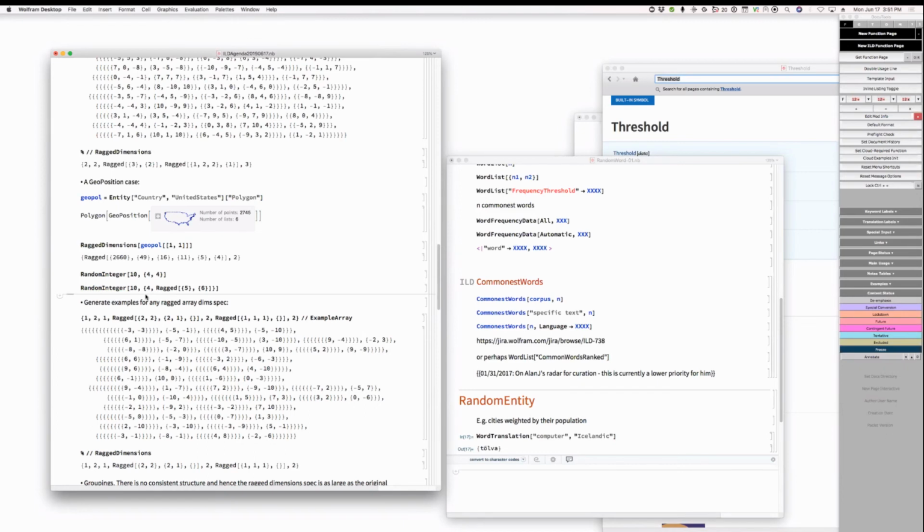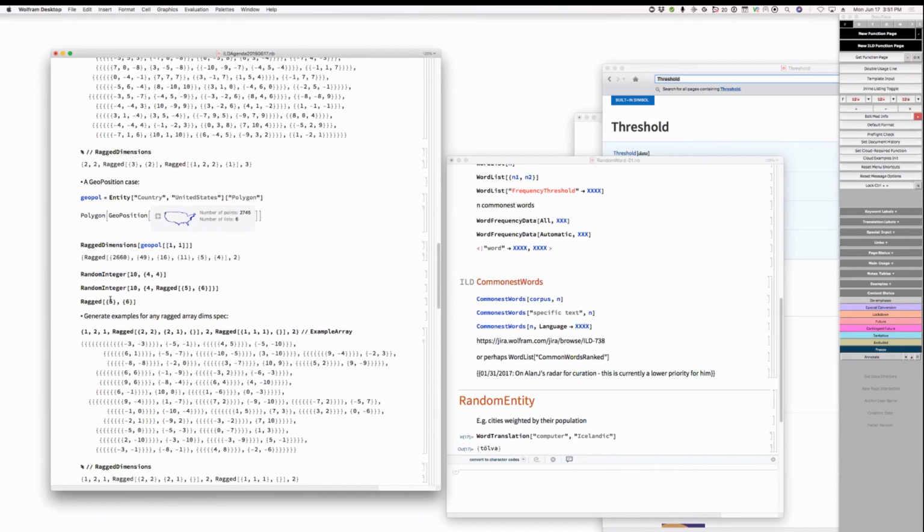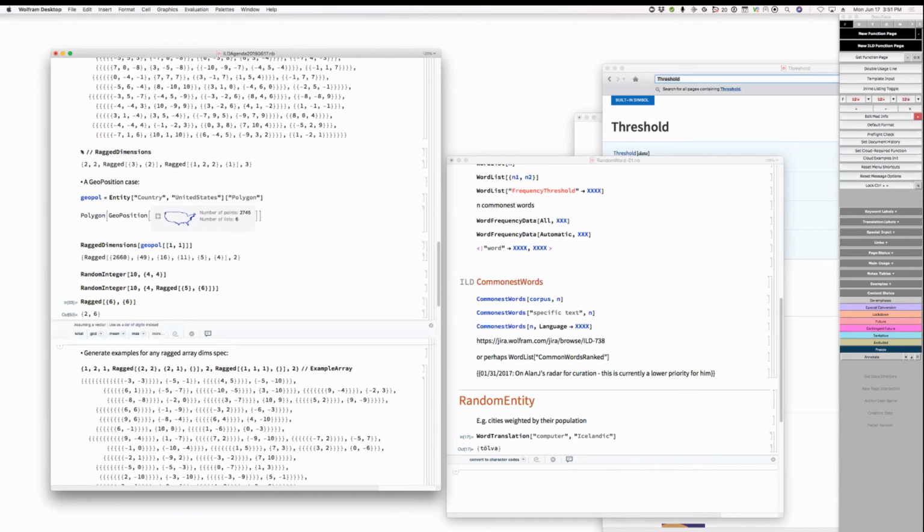Right. So again, to understand what this is like, ragged, when it degenerates, becomes just its length. Yeah. And whatever it has inside, repeated. Let me remind myself what that does. So you're saying when that's 6, 6, it becomes 2, 6. Exactly. And if it was 6, 7, 6, 7, it would become 2, 6, 7.